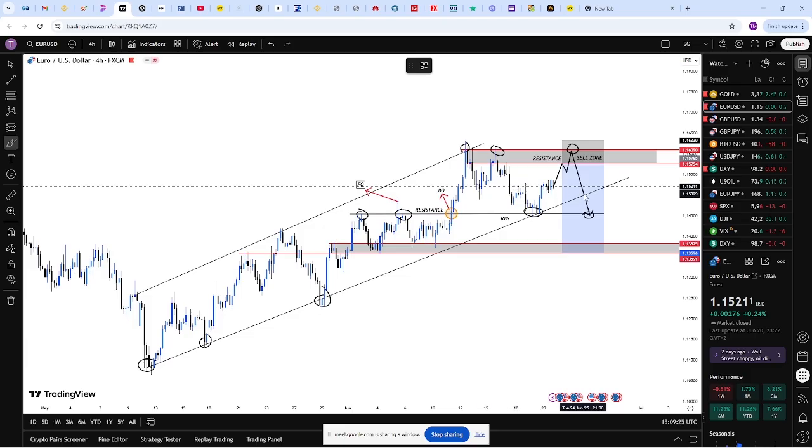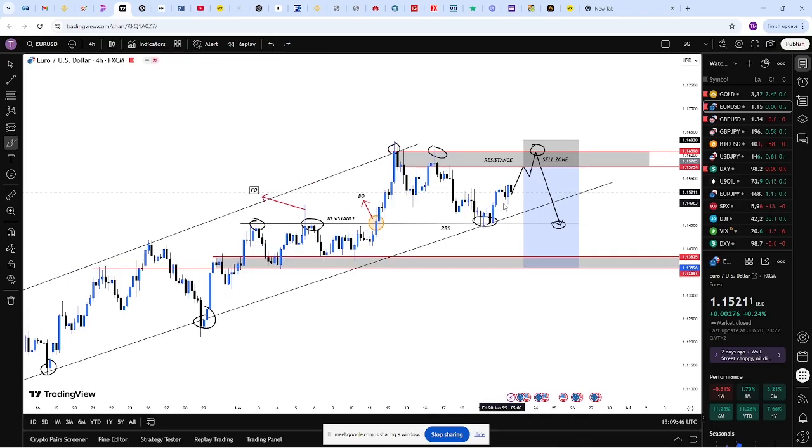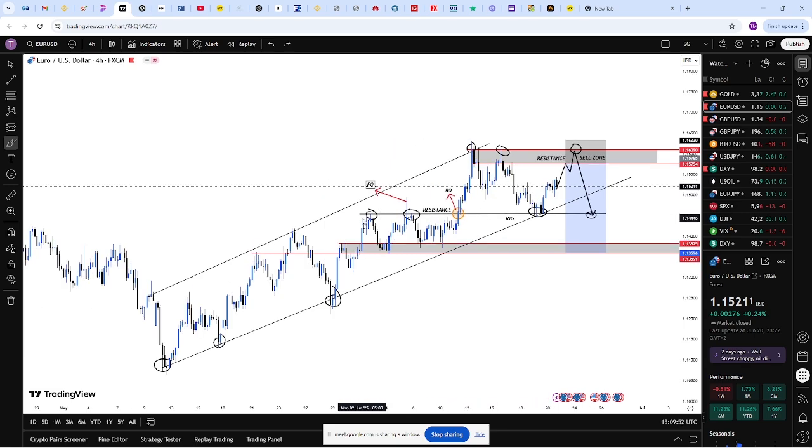So one may say, then why can't I buy from somewhere here, so that at least it will fall within the channel. But when it comes to that area, that's where I use my confirmation, to decide whether to buy or sell.